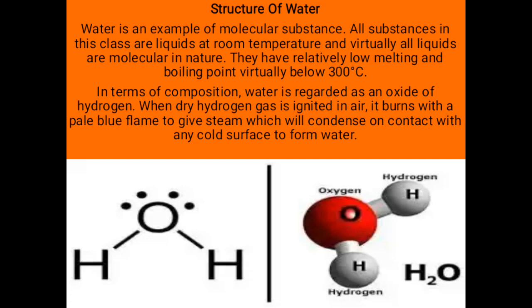And water can be formed when dry hydrogen gas is ignited in air. It will burn with a pale blue flame to give you steam, and once it gets in contact with any cold surface, it will form water. Are you there?